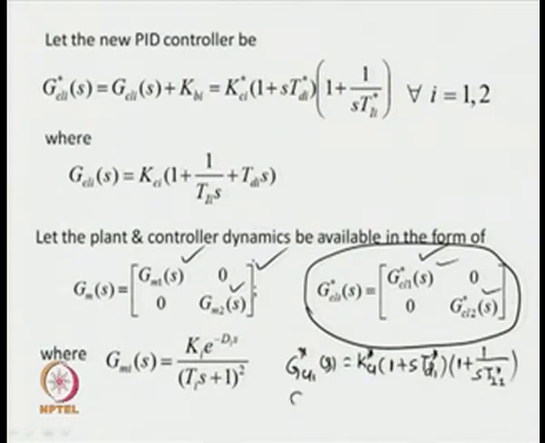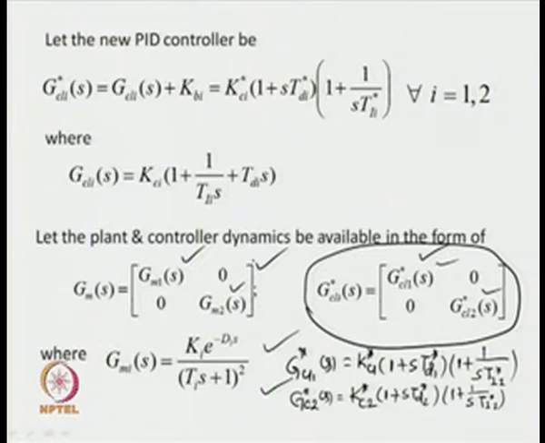Similarly, we can write the expression for GC2 star as KC2 star times (1 plus s TD2 star) times (1 plus 1 upon s TI2 star). So, the form of the new PID controllers is written over here.